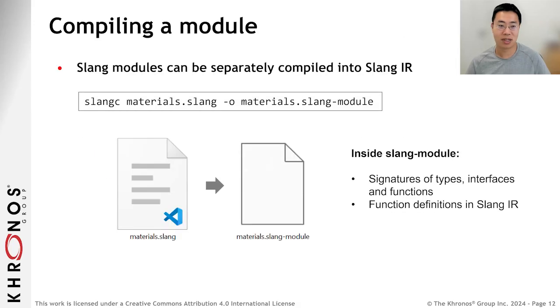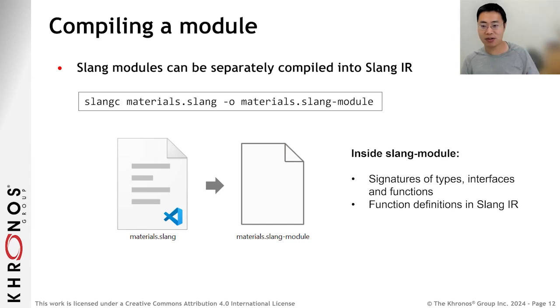And with the module implemented in one or many files, you can compile it into Slang IR by running slangc on the main module file. That's the file with the module declaration. So in this example, it's the materials.slang file. And the compiler will perform type checks on the source code and then produce this materials.slang-module binary file.